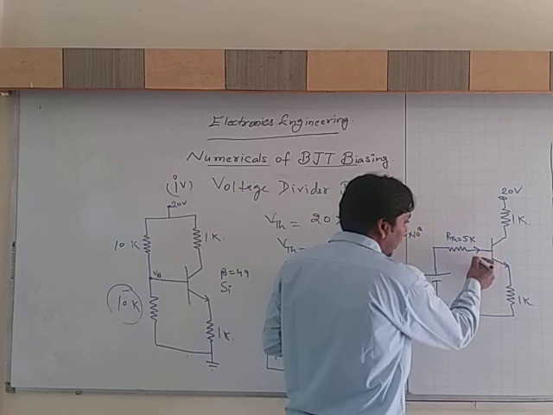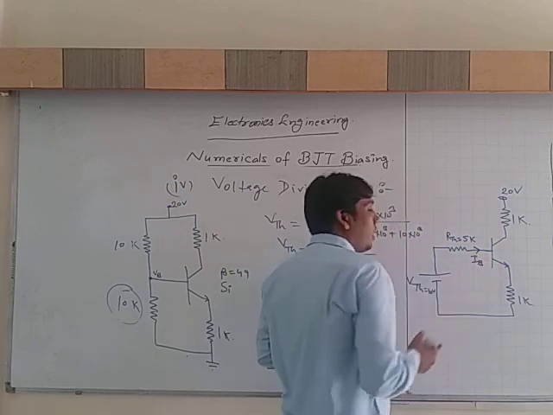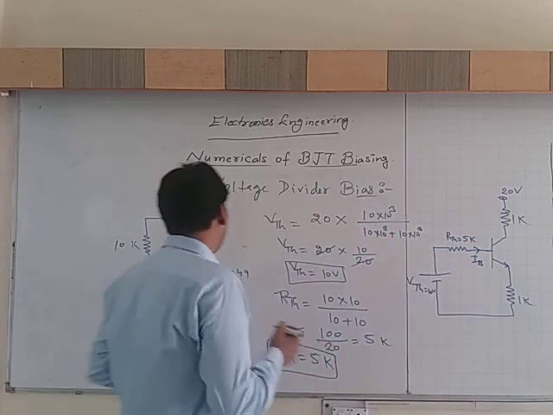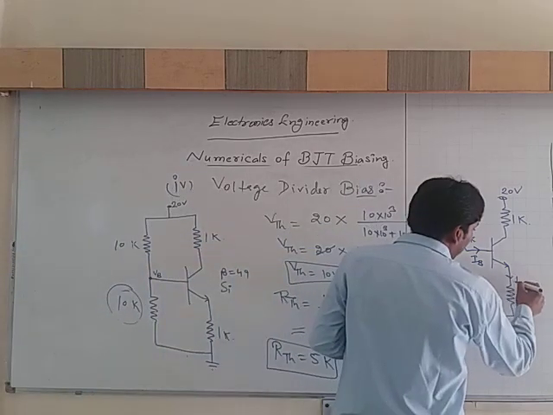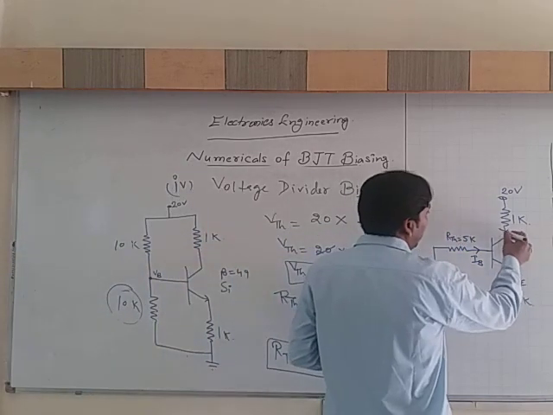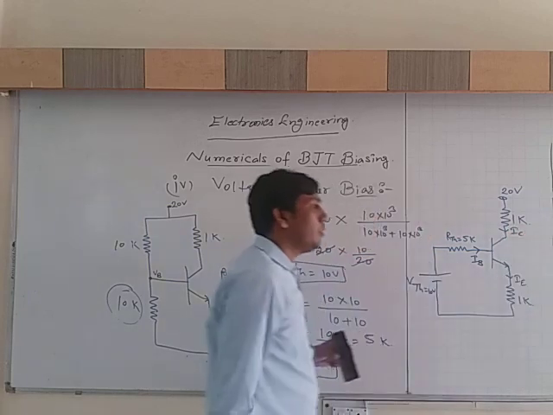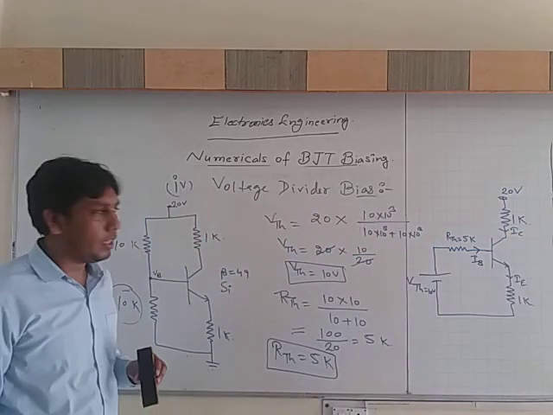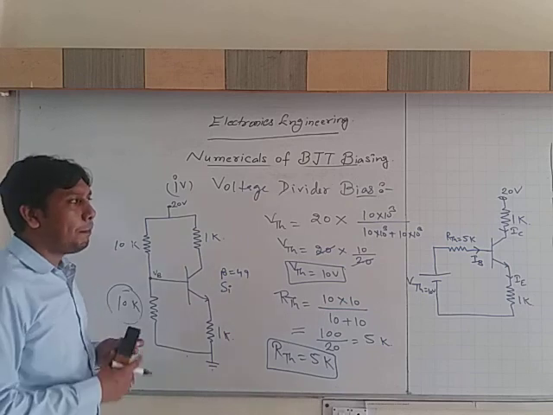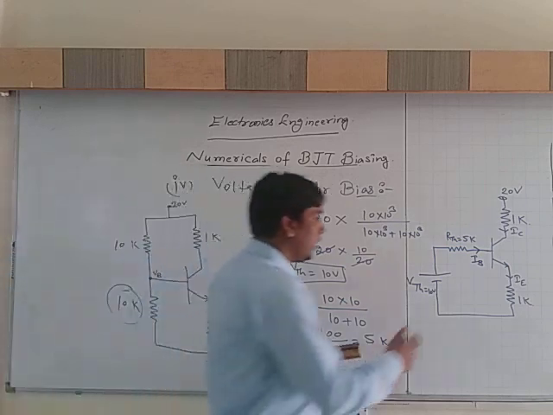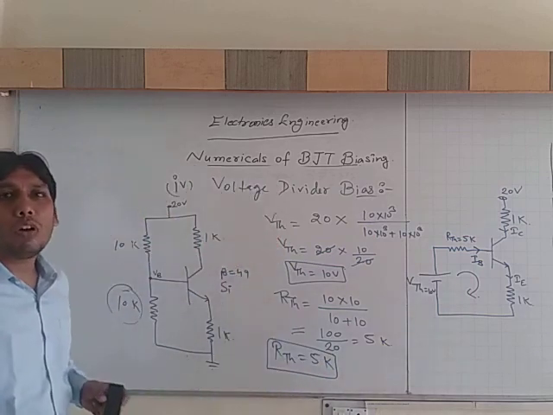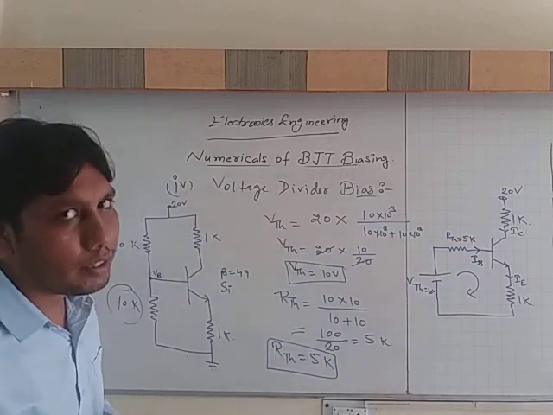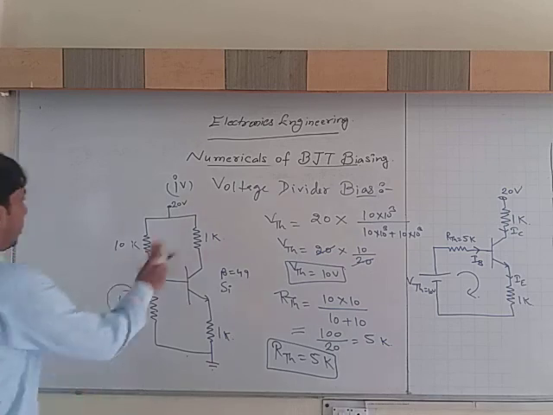Here the current flowing in the base of the transistor will be IB, the current at this terminal will be IE, and at the collector there will be the value IC. Now we will apply the KVL in this input part and try to find the value of base current, that is IB.